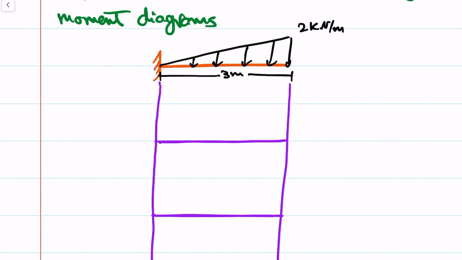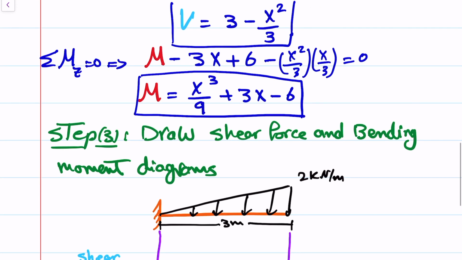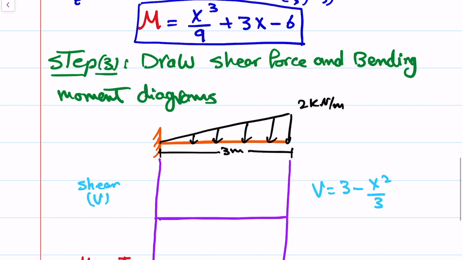Here is the shear, V, and here is the moment, M. And you remember the equation for the shear was V equals 3 minus x squared over 3, and for the moment x cubed over 9 plus 3x minus 6.